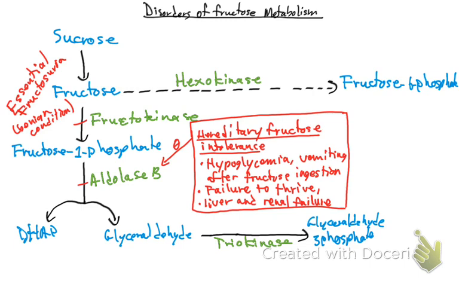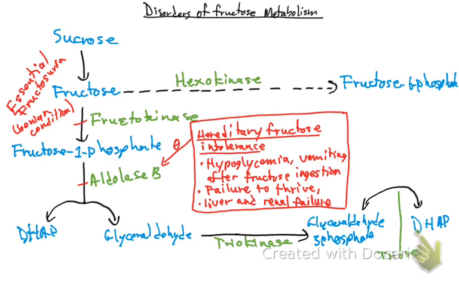Once you have your glyceraldehyde 3-phosphate, you can go to DHAP, but you need an enzyme, and the enzyme is called triose phosphate isomerase.